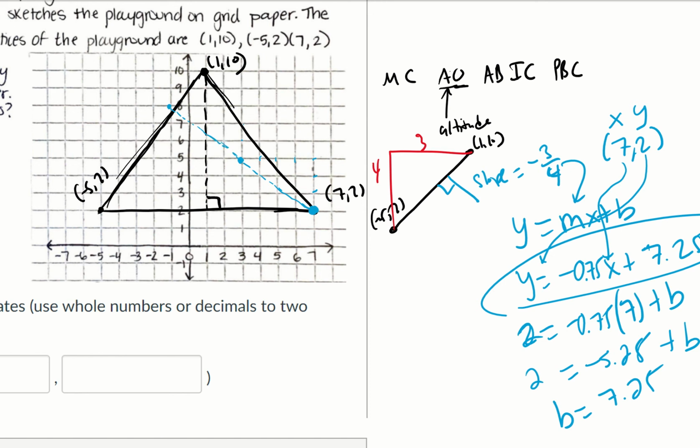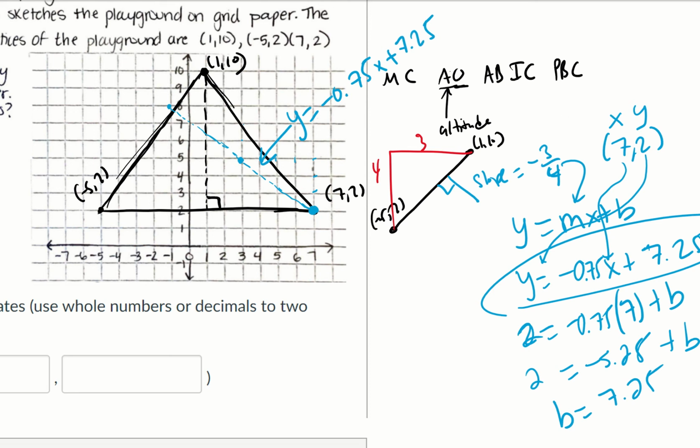Okay, so that right there is my altitude, and we said the equation of that is y equals negative 0.75 x plus 5.25, or 7.25.